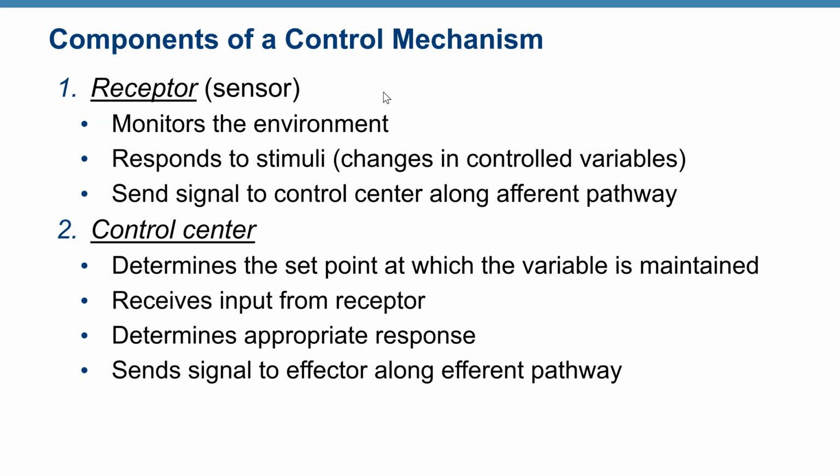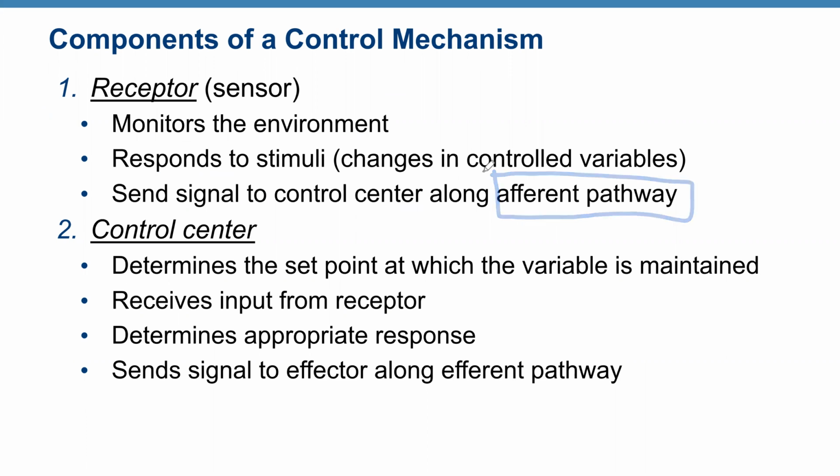Now, how exactly does your body control this constant internal environment? You control it through the control mechanism or homeostatic arc. And this mechanism includes a receptor or sensor that monitors the environment, responds to stimuli, changes in controlled variables, and sends signal to the control center along the afferent pathway.